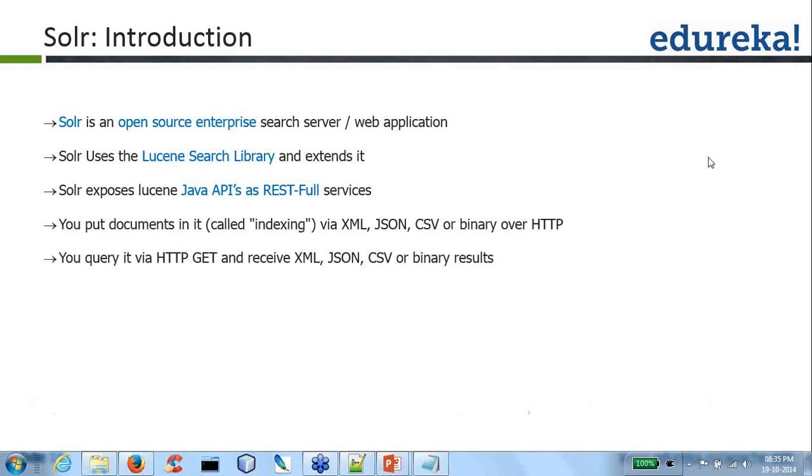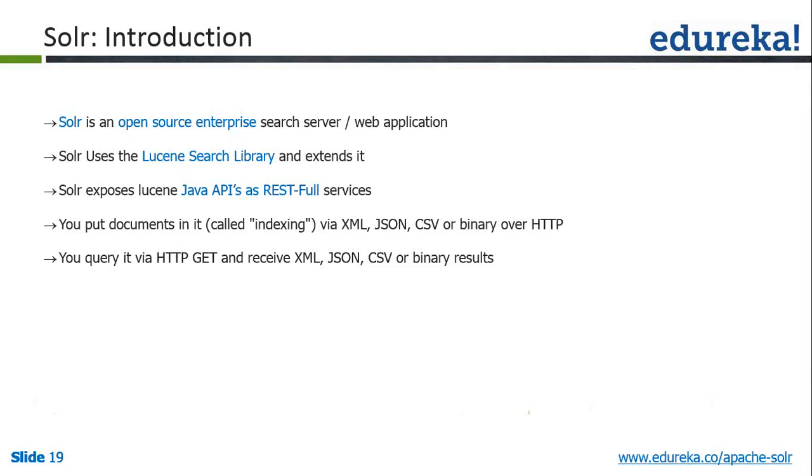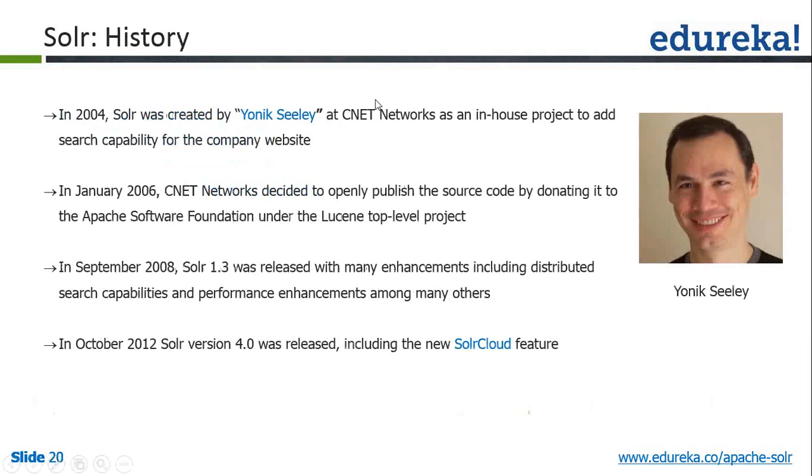So you can interact using RESTful services either over XML or JSON or CSV or binary format or HTTP. This is the most preferred interaction between the indexed content and the applications, so that you don't have to build or write Java code using Lucene API libraries.